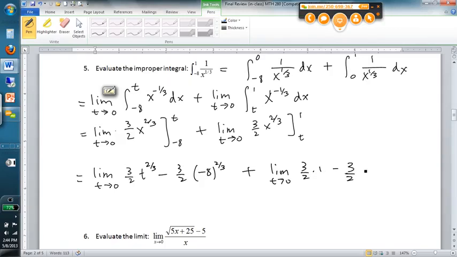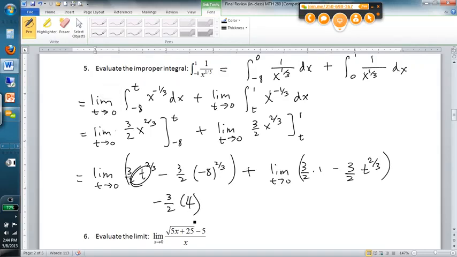So what have I got there? As t goes to 0, nicely, what does this go to? T's going to 0, so this goes to 0, doesn't it? That's going to be whatever that is. Negative 8 to the 2/3, positive 4, right? It's the cube root of 8 squared.